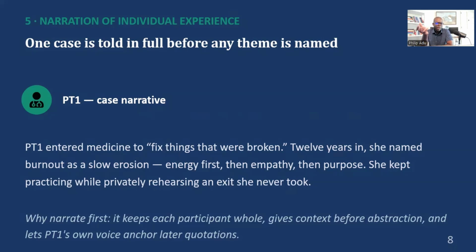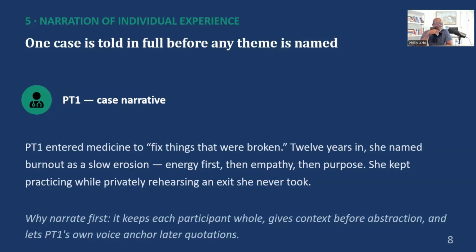So imagine that you have about 8 participants. You have to describe their experience, how you make sense of the experience, right? And you do it for each of the participants. But you may ask, let's say you have 20 or 25 participants, will you talk about each of them?